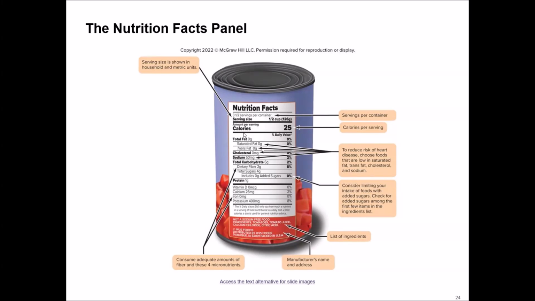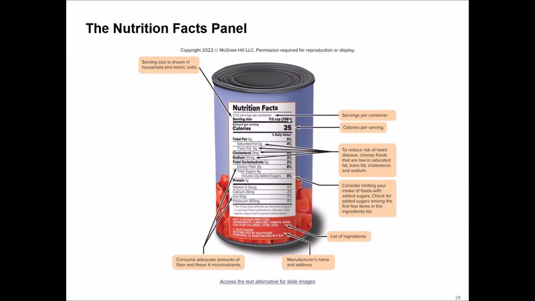One of the things up here you see right at the beginning is how many servings are listed for a particular food item. Again, this is a can of what looks like diced tomatoes, and so this particular can has enough for 3.5 servings. Now they have identified the serving size as a 1/2 cup.